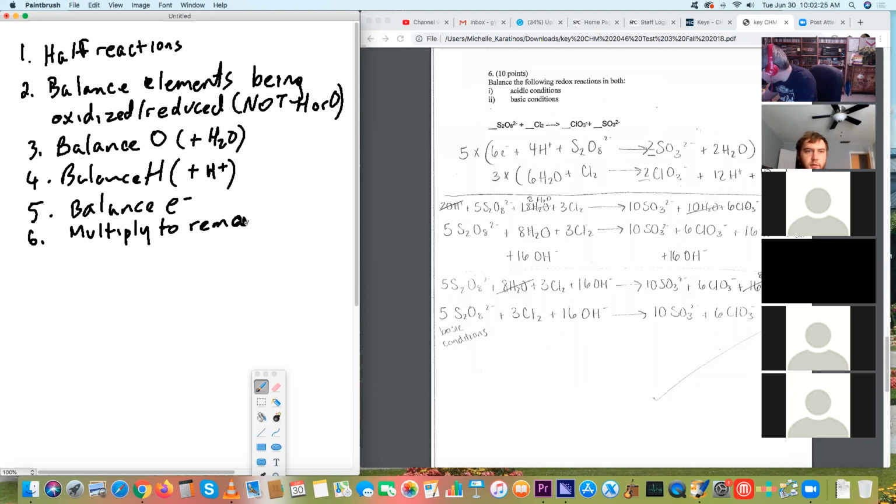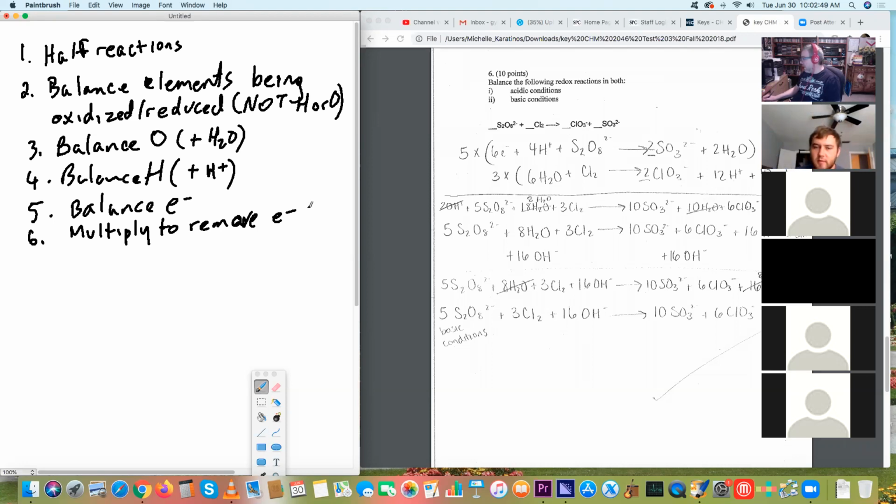Quick question. Yeah. Oxidation, it loses electrons, and reduction, it gains, or vice versa? No, that's right. But it comes down to where the electrons are in the reaction equation. If we're saying something's losing electrons, it means electrons are products.